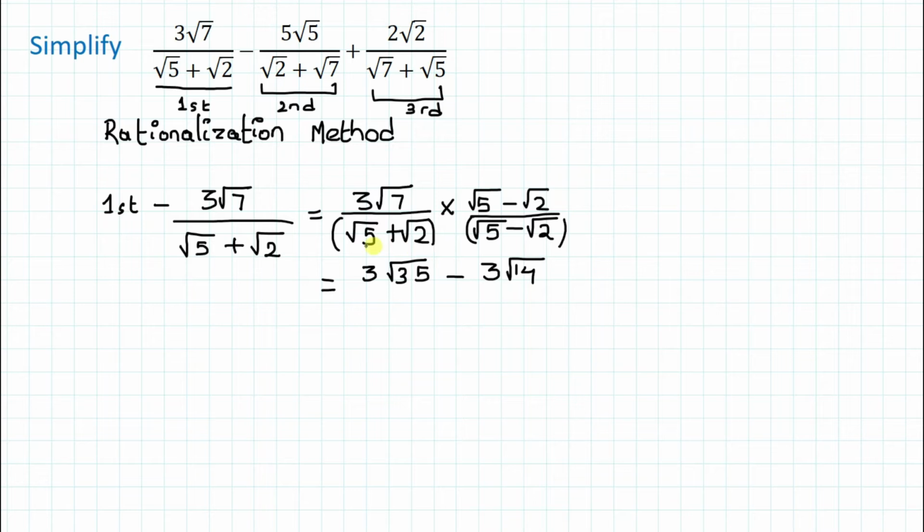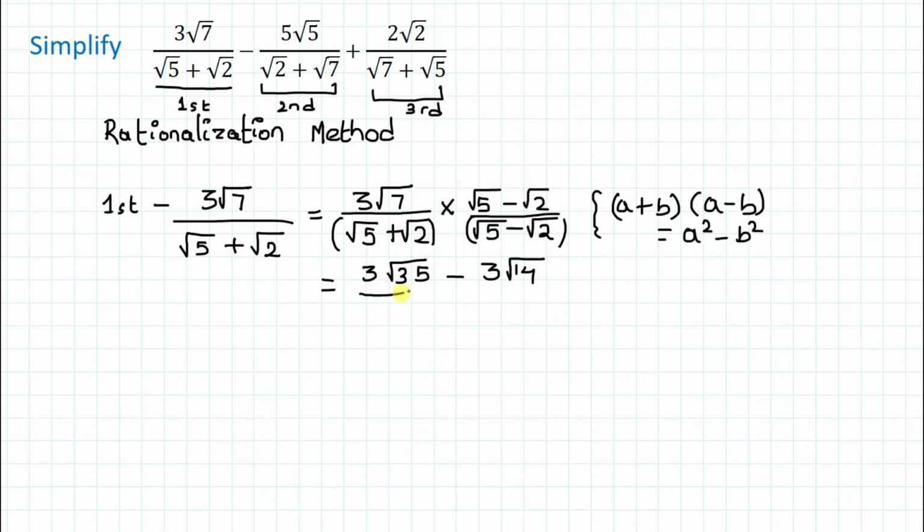If I consider root 5 as a and root 2 as b, then I can use this algebraic identity, that is, a plus b multiplied with a minus b is equal to a square minus b square. I can put this identity here.